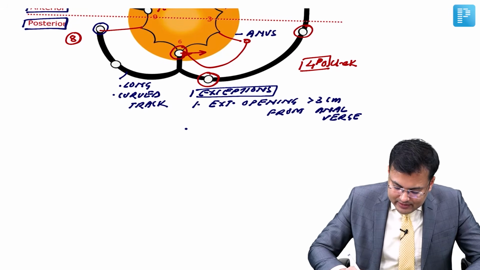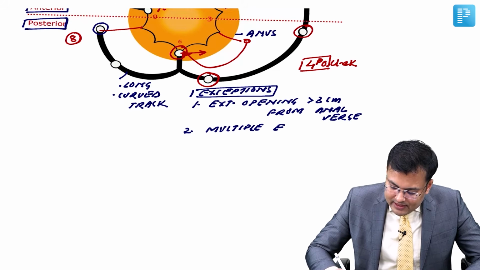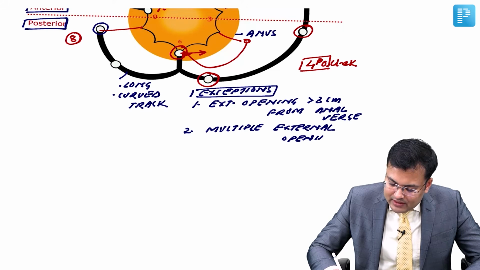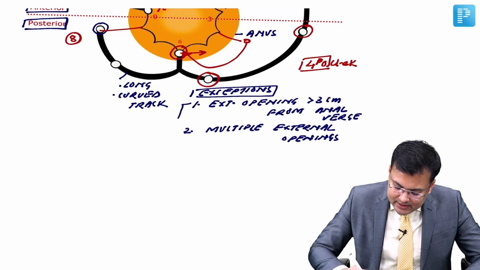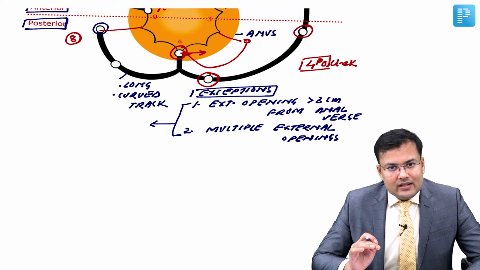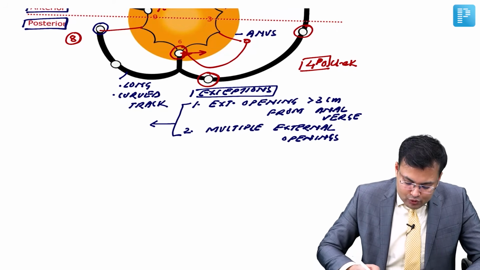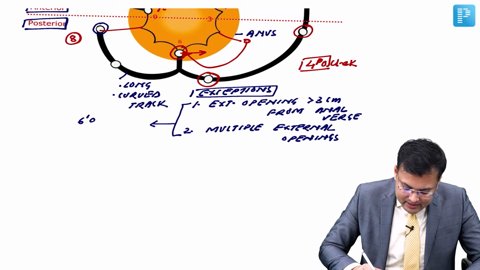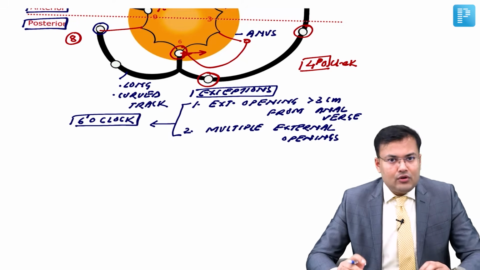And second, if the patient is having multiple external openings. So these are the exceptions. It means in both of these cases the posterior rule will be applied. So where is the internal opening? It is posteriorly in the midline and it is at 6 o'clock position.